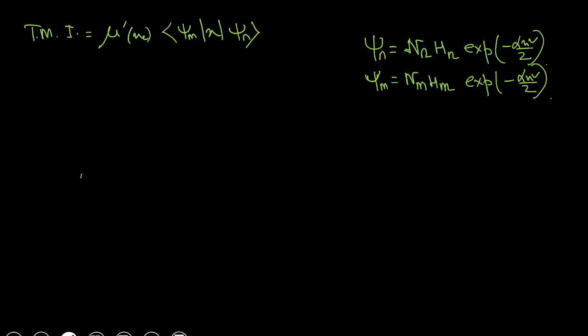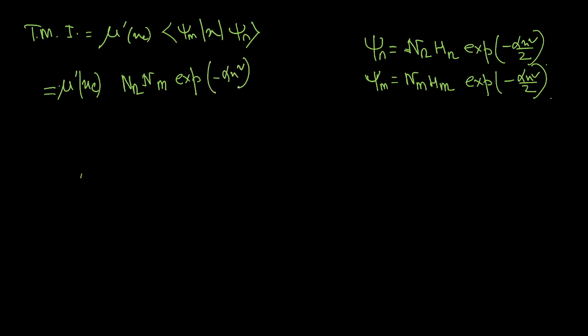Now if we write it like this, it will be exponential of minus alpha x square, H m, x, H n.